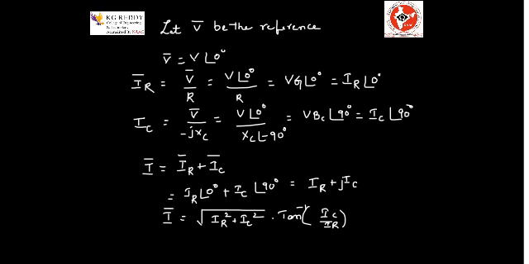Now in other words, how can we calculate the admittance? We have already seen V bar into Y bar. The total current V bar into Y bar equals V into G plus V into BC at an angle 90 degrees.